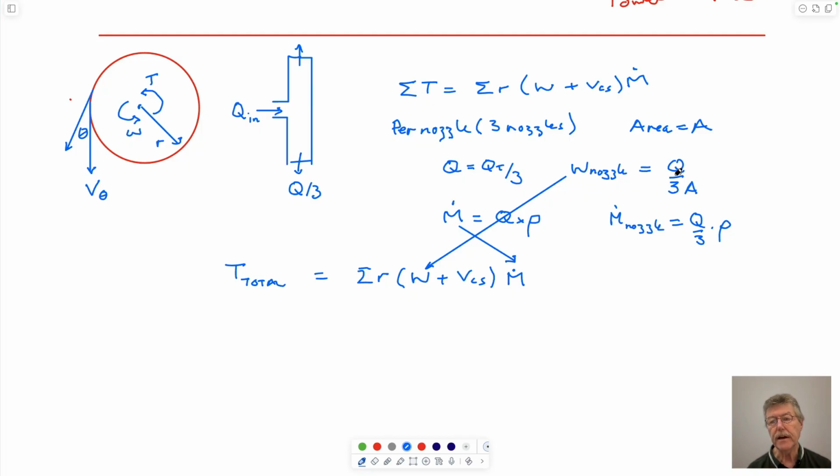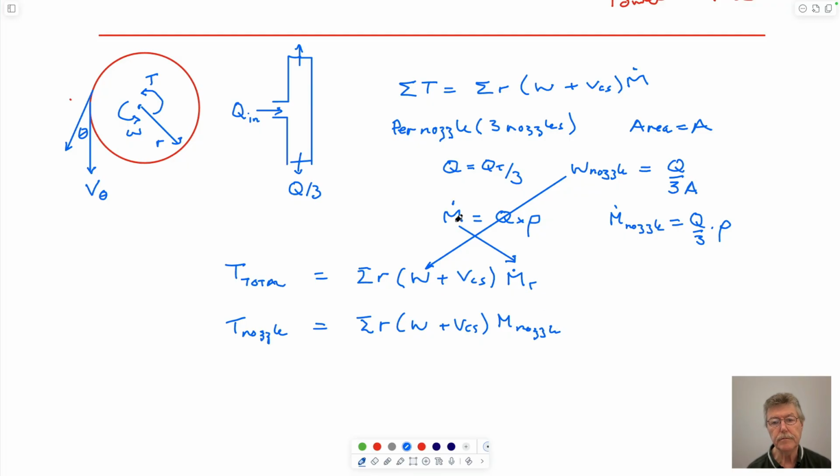Use the total flow rate out of the system, which is this, multiplied by the velocity out of the nozzle. If you wanted to do it per nozzle, I guess I could do that. T per nozzle equals, probably making this more complicated than it needs to be, W plus VCS times mass flow rate per nozzle.